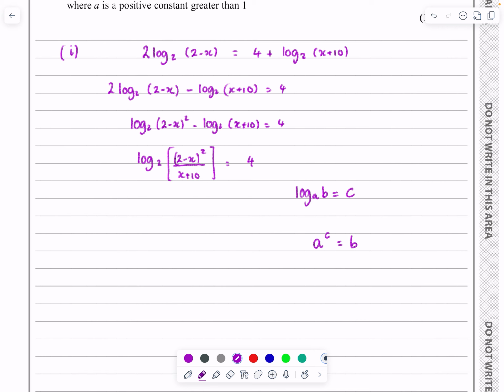So we can change log a b equals c into a to the power of c equals b. So if I do that over here on the left-hand side, the base stays the same. A logarithm is a power, so that must all be equal to (2 minus x) all squared all over x plus 10. Again, let's just get rid of those log parts there.